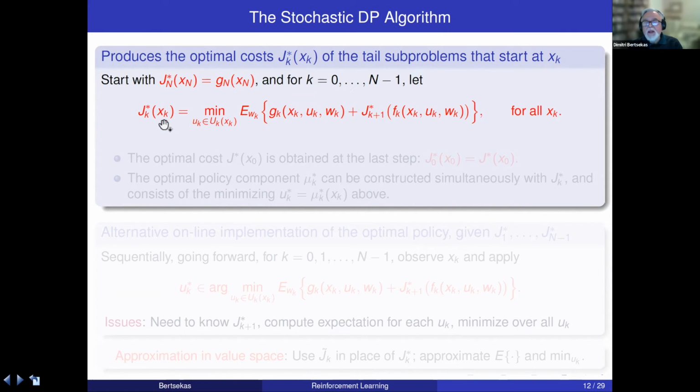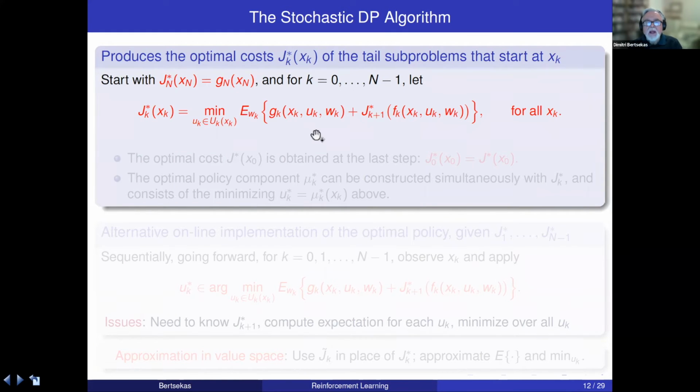And then we calculate the optimal cost of the tail subproblems at stage n minus 1. For every state xn minus 1, we do this calculation: first stage cost plus the optimal cost of the tail subproblem at state n, which is this one. We calculate Jn minus 1 star and go backwards.